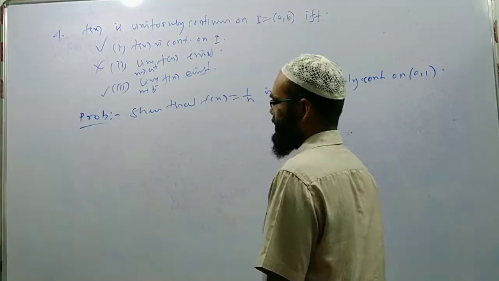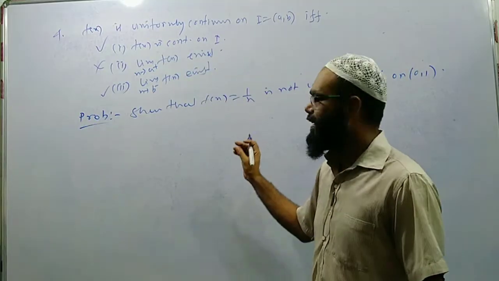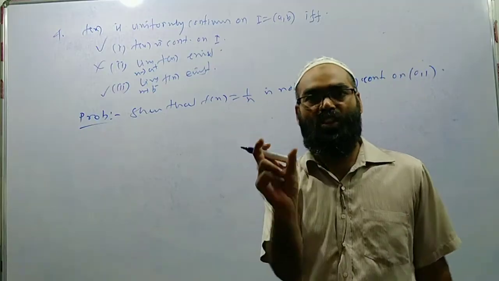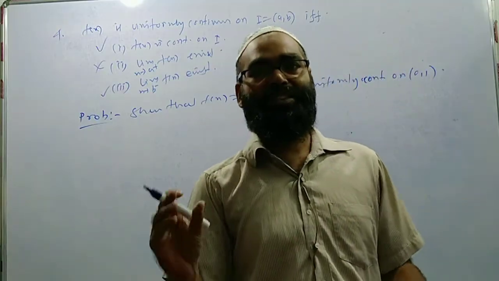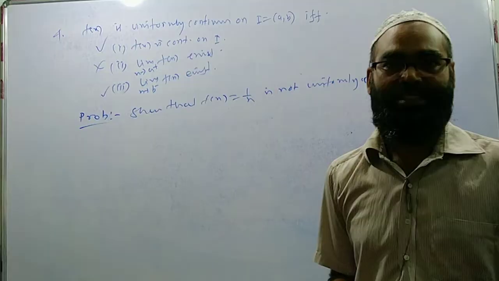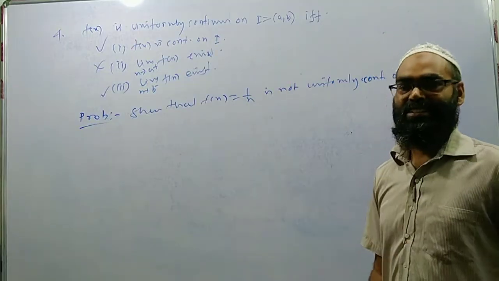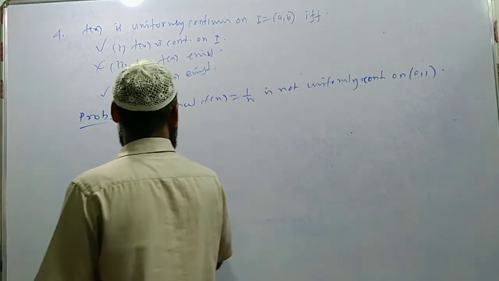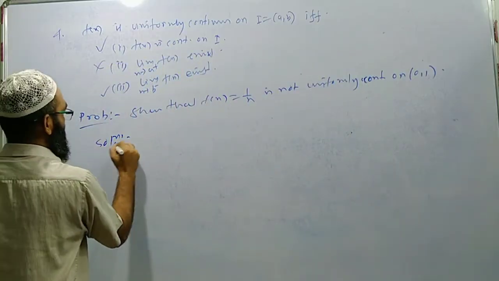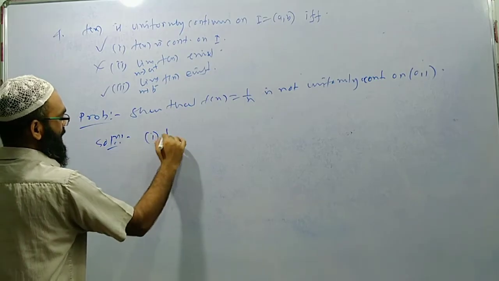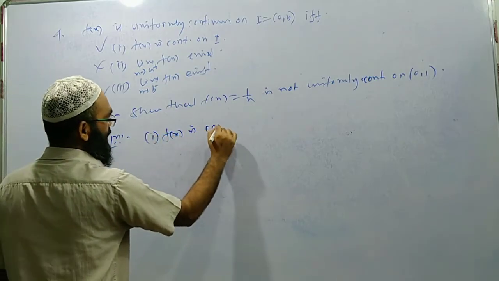It has been proved in the previous section that this is not uniformly continuous on the open interval (0, 1) using the sequential approach, but this approach is easier because, number one, f(x) is continuous.